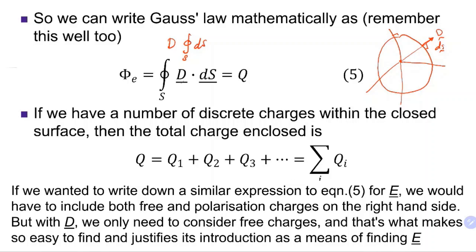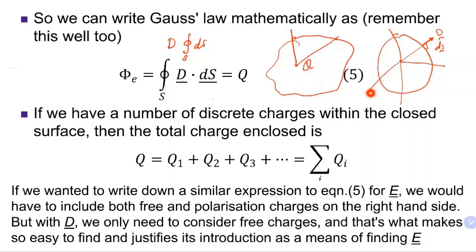So a simple structure like this can be easily solved. But if I have a charge Q and I draw an irregular shape around my charge, that can still be solved, but it's very complex because my D at this point is not the same as the D at this point, since they are at different distances from the surface.